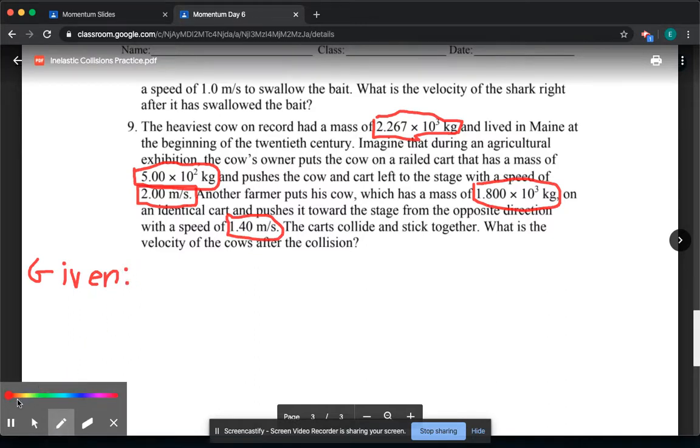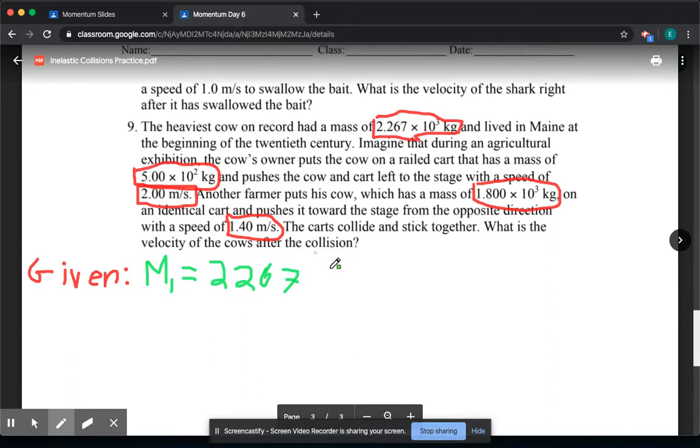Let's change color here. We are told that M1, cow 1, is equal to 2,267 kilograms. Now, I'm going to do something here, and I think you'll agree that it'll be easier. These cows are moving inside of carts, so for the sake of simplicity, I'm going to combine the cow's mass with the cart mass.